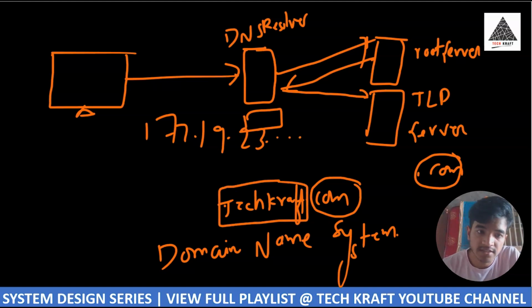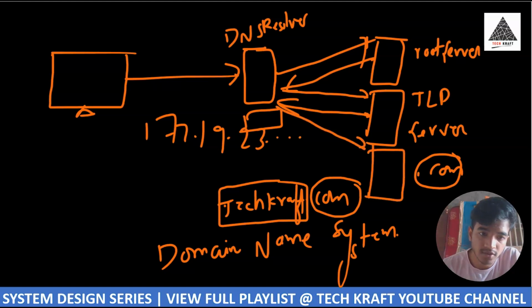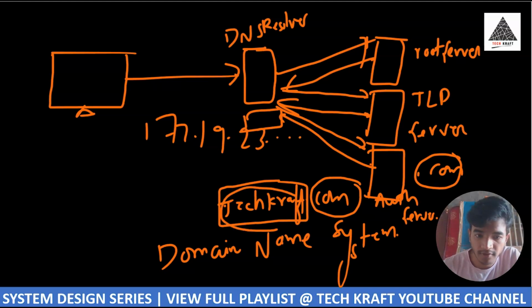Now this TLD server will give the IP address of another server called the authoritative server. Now the request will be sent to the authoritative server. This authoritative server will give the IP address of techcraft.com, since it has the information about techcraft.